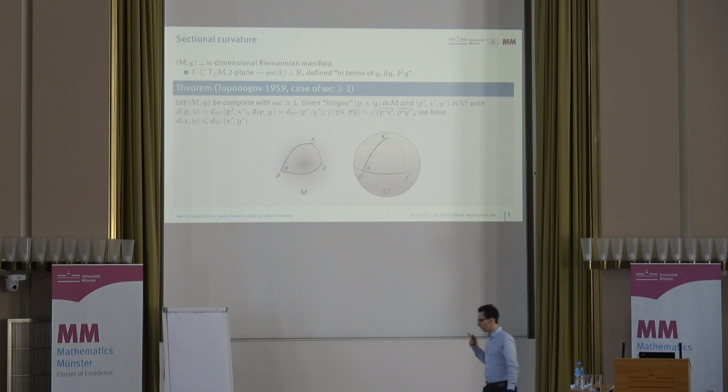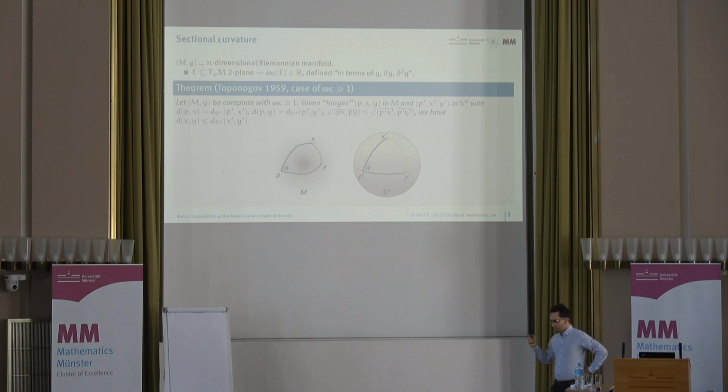And then what you do is you look at a comparison situation in the standard space of curvature 1, that is the standard sphere, and you draw a hinge like this, which has the property that this distance is the same as this distance, is the same as this distance here, and the angle is also the same.